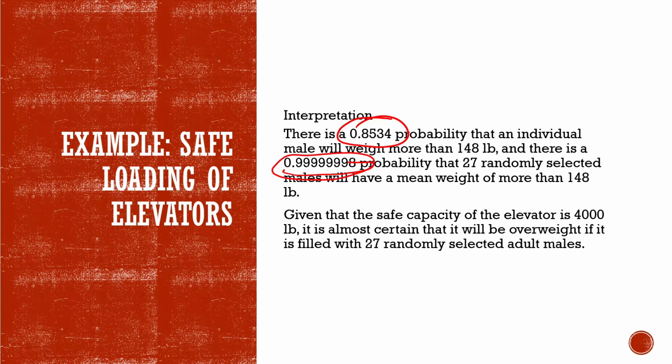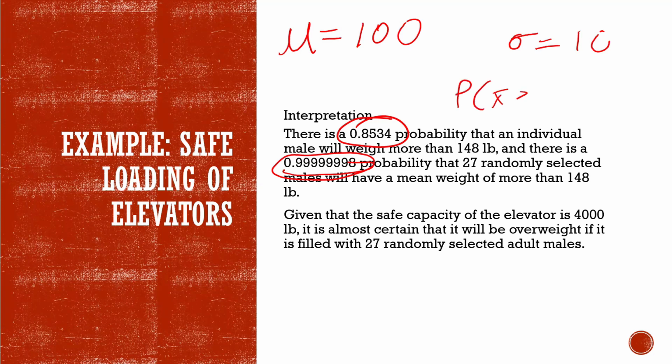I'm saying to you, the population mean is 100. The standard deviation of the population is 10. What's the probability that if you have a sample of a certain size, the mean will be above 110?